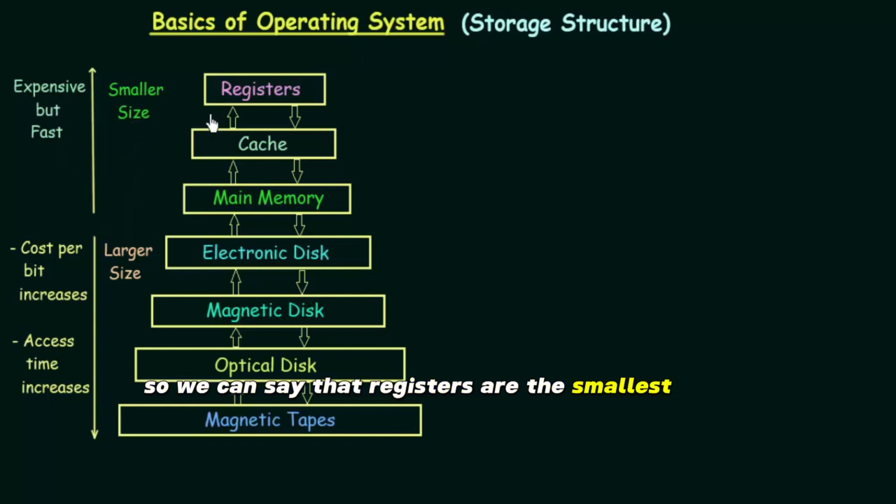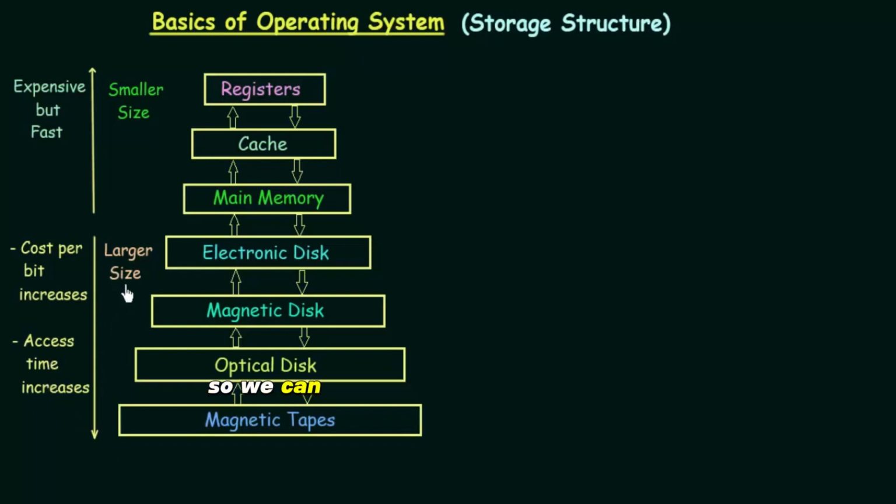Registers are the smallest in size, but their access time is the fastest. As you go down the hierarchy, the size increases, and the access time also increases.